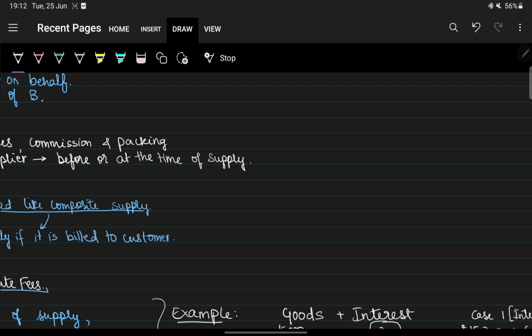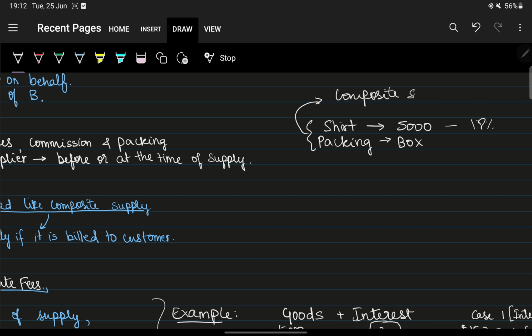For example, if there's a shirt that costs, let's say, 5,000 rupees, and the GST for this shirt, let's just assume, is 18%, and then there are packing expenses. This shirt will come inside a box. So for a composite supply, what will happen? This box, let's just say it is 500 rupees.